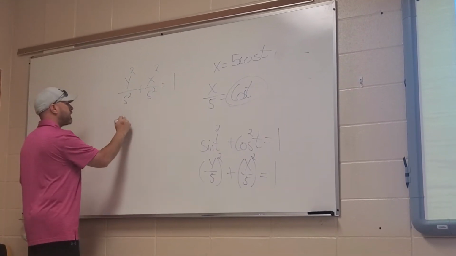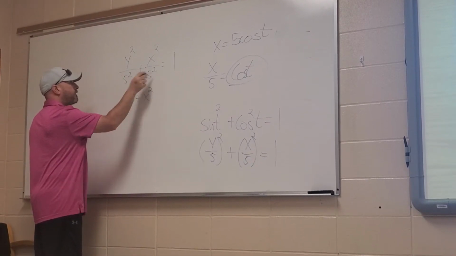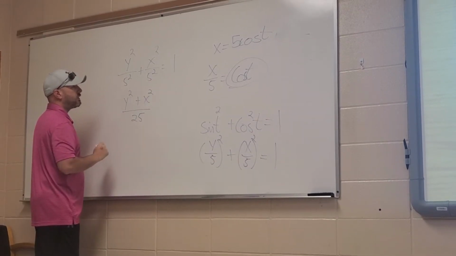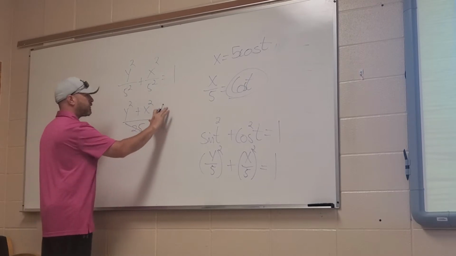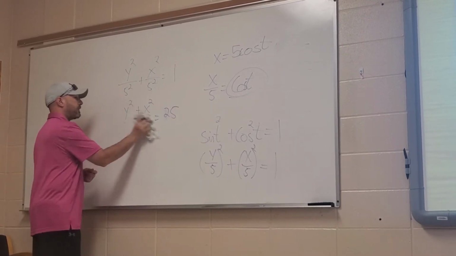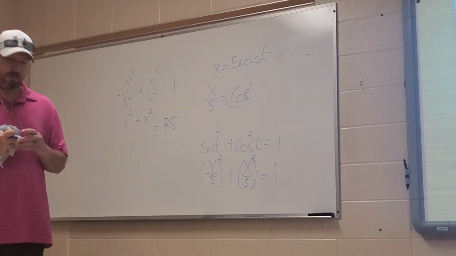Then this is y squared plus x squared over 25, so now just multiply by 25, and you end up with x squared plus y squared equals 25.